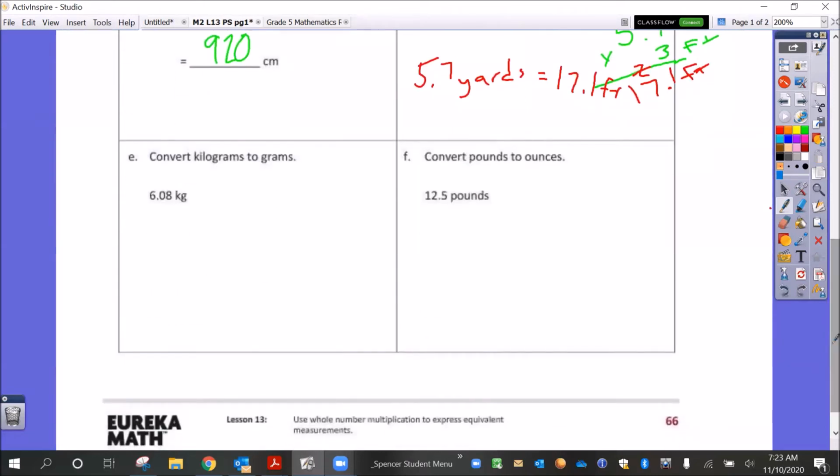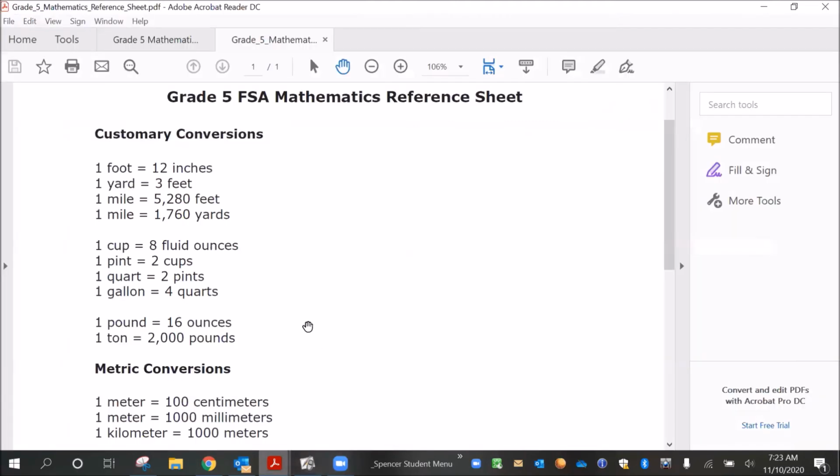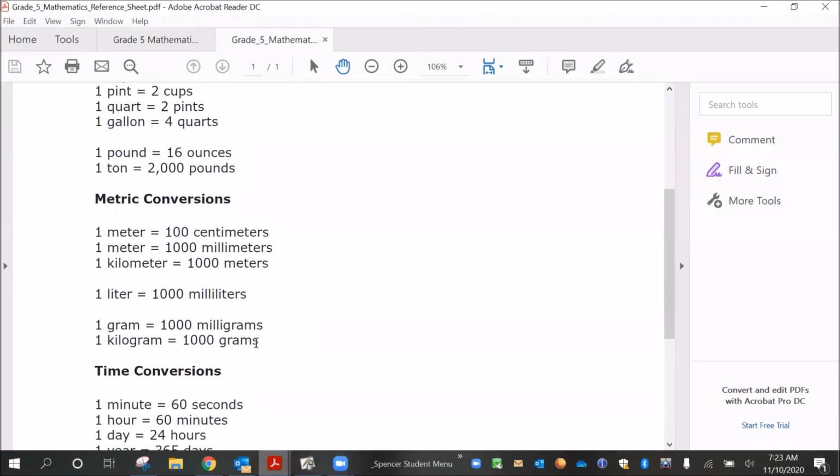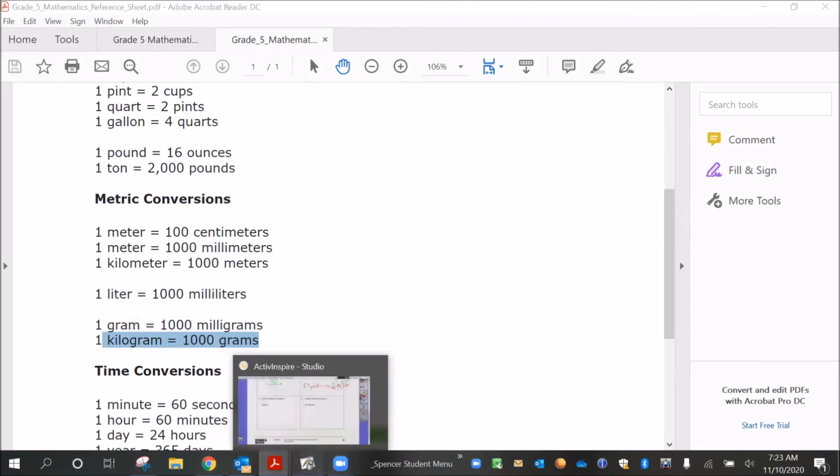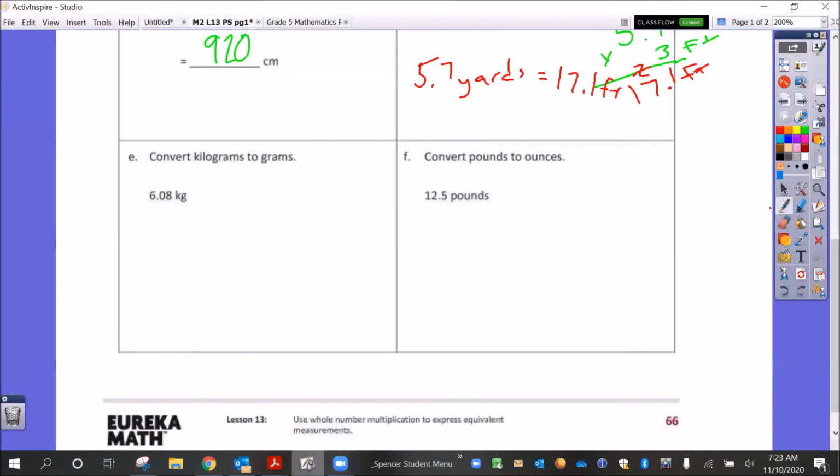2 more. Kilograms to grams. Ooh, kilo. I always remember kilo is 1,000 of the base unit and the grams are the base unit. But if you can't remember that, let's go check kilograms to grams. 1 kilogram equals 1,000 grams. So it's going to be 6.08 kilograms times 1,000 grams.